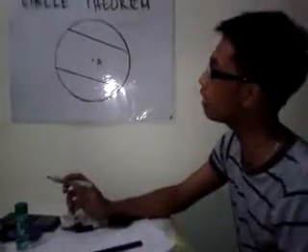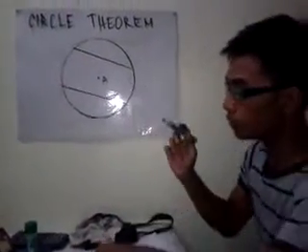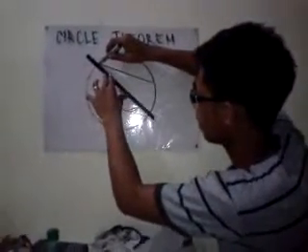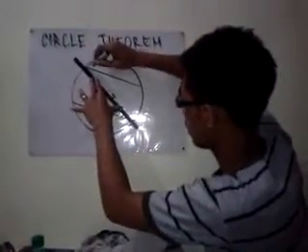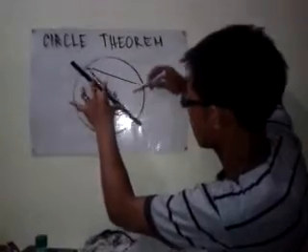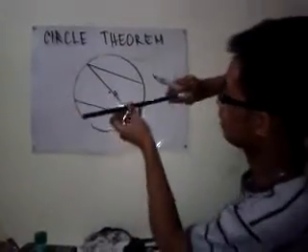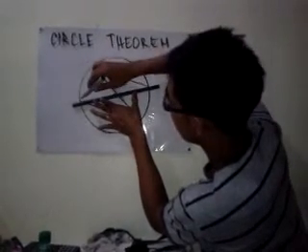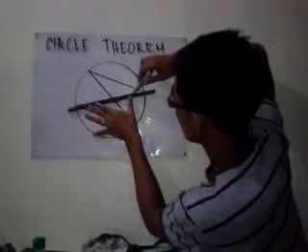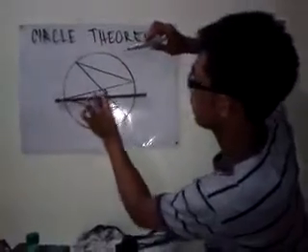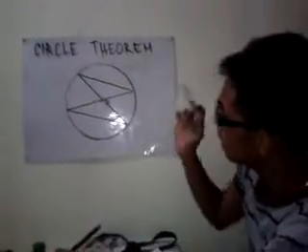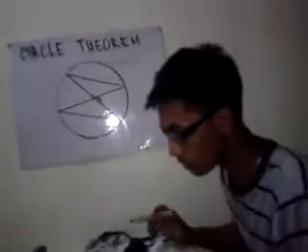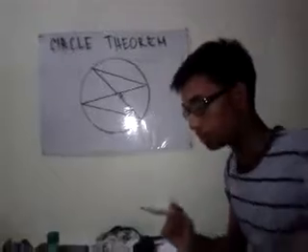Anyway, on these parallel lines, I'm going to make a diagonal from this point up to this point, and another diagonal from this point to this point. Now we can see the diagonals.